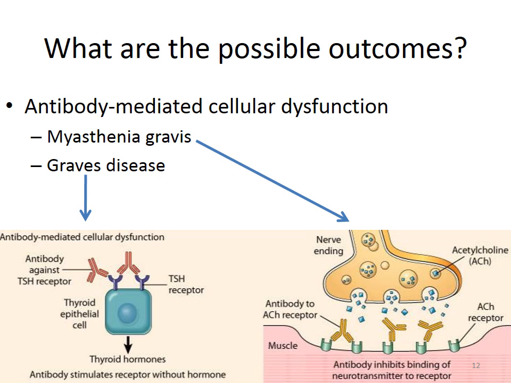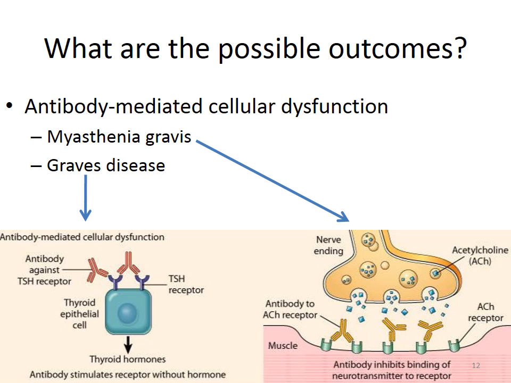So they are stimulating an inappropriate response because of autoantibodies developed towards those TSH receptors. In these patients, the symptoms include an increase in basal metabolic rate, increase in heart rate, and weight loss because their metabolism is elevated. It's difficult for these patients to sleep at night. And we will talk later in the semester about thyroid diseases, and we'll come back to Graves' disease.